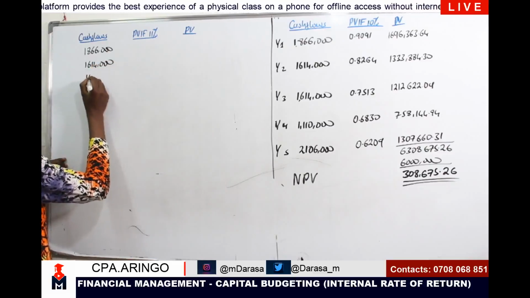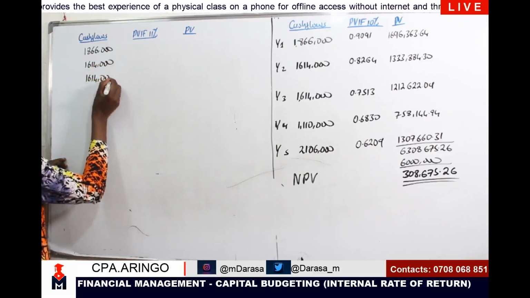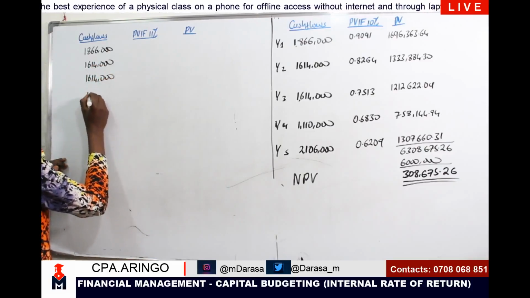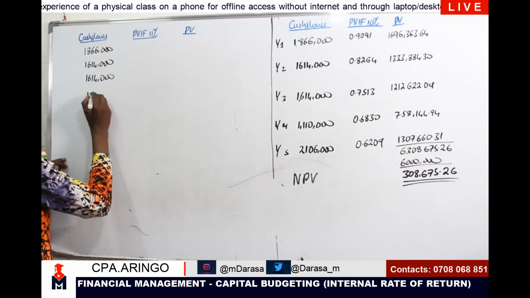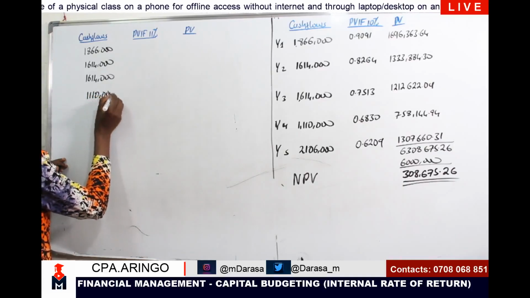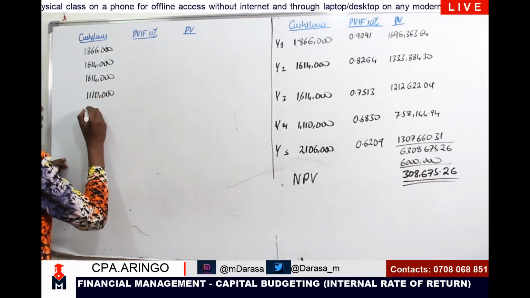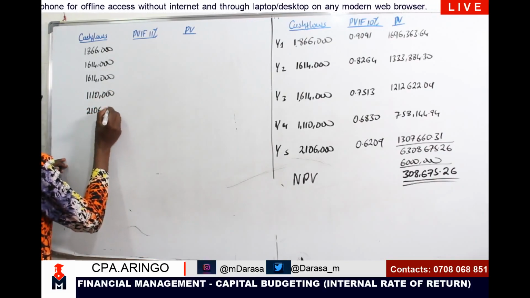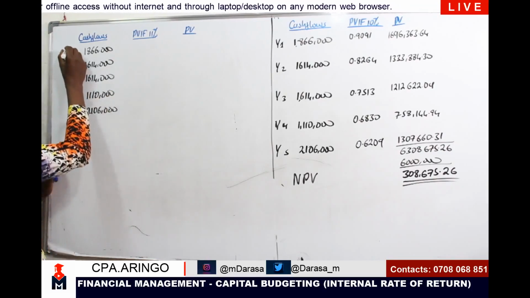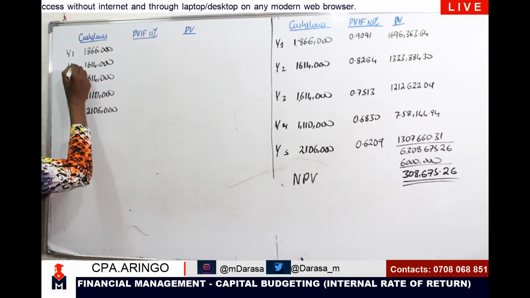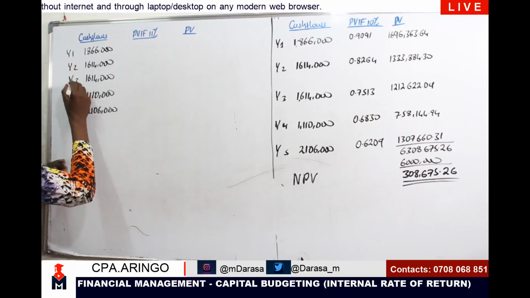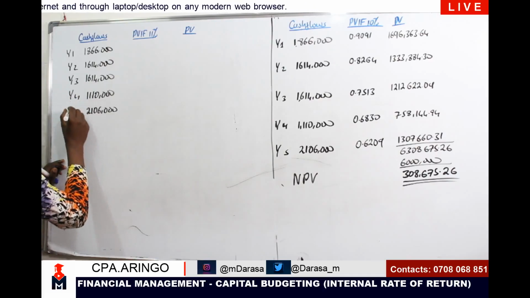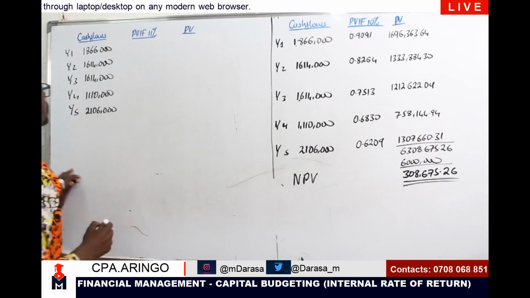We do have 1,110,000. Then I'm having 2,106,000. So basically that is year 1, year 2, year 3, year 4, and of course year 5.